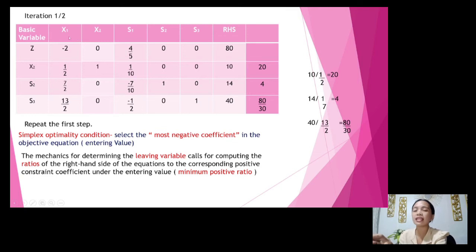This is the last negative that we will turn into positive. We will find the minimum positive ratio, using the same process as before. The minimum positive ratio here is 4.